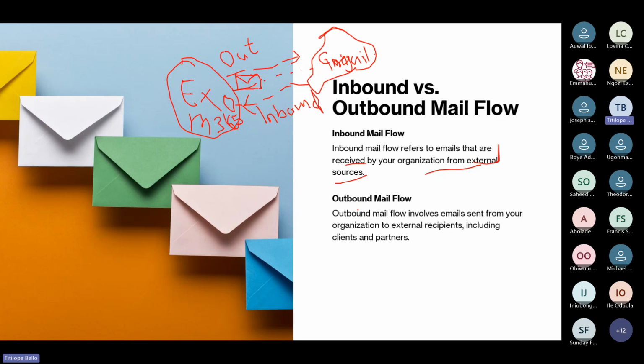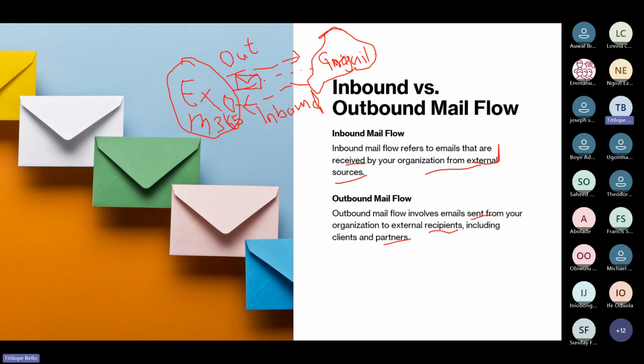And you have outbound. Like I said again, outbound mails are mails that are leaving. They are sent from your user and going to recipients that are not within your organization. So it can be anybody on the internet or it can be your business partner.